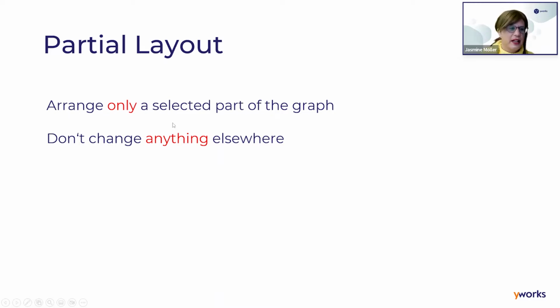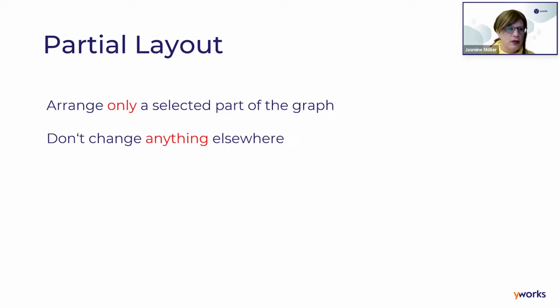Incremental layout tries to create a very good looking layout overall. But to achieve that, sometimes you had to rearrange parts of the not selected parts of the graph to satisfy all metrics.